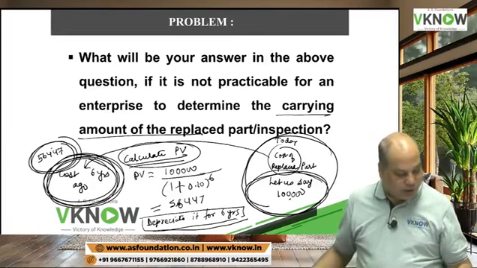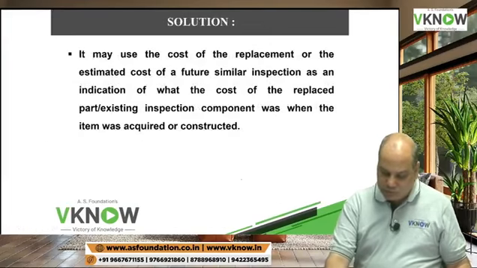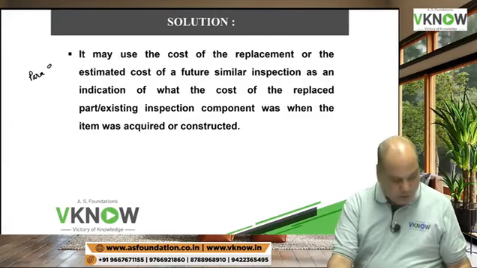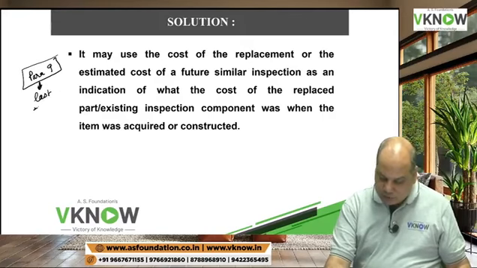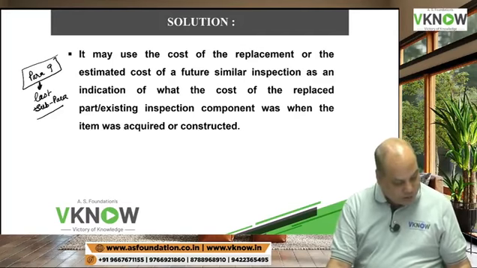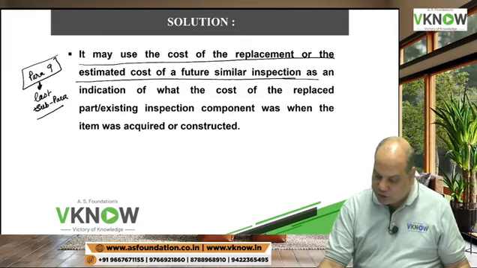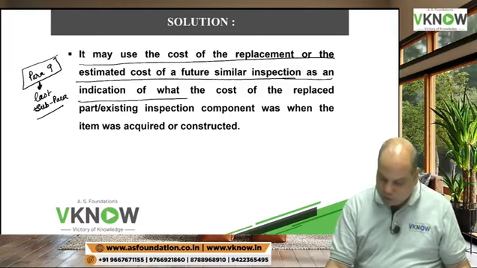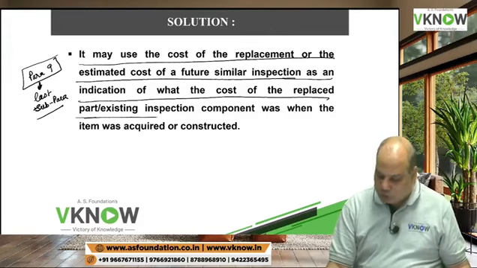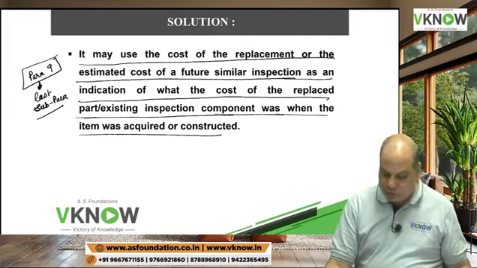So see, the answer is printed in your book. Don't write the answer, just underline it in your book. There is paragraph 9 in your book, and in the last sub para, last 3 lines, it is written: it may use the cost of the replacement or estimated cost of a future similar inspection as an indication of what the cost of replaced part or existing inspection component was when the item was acquired or constructed.